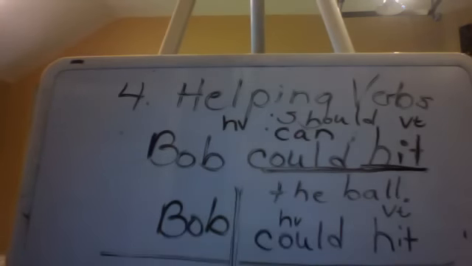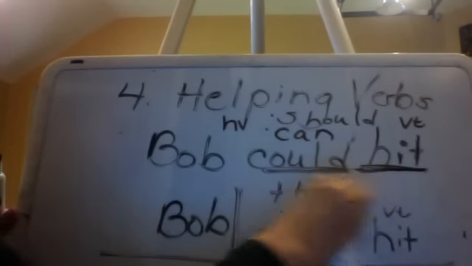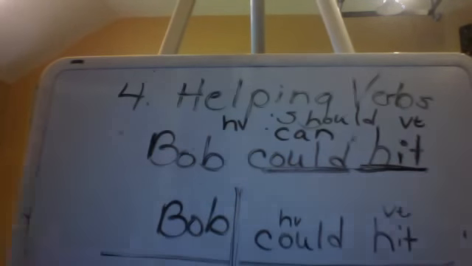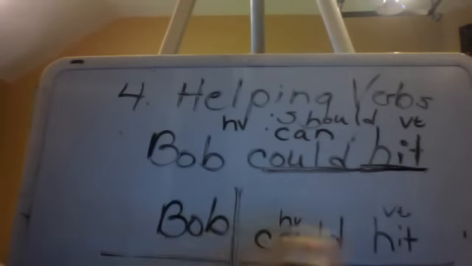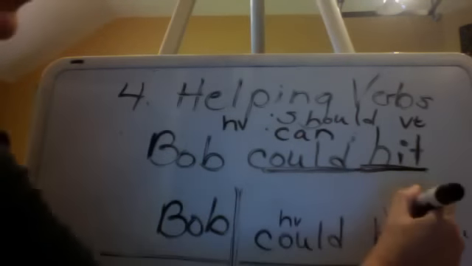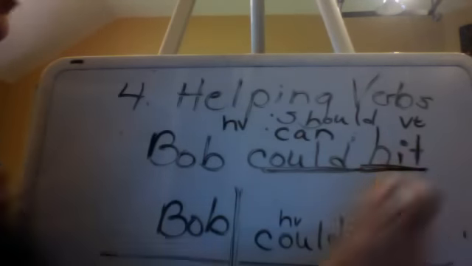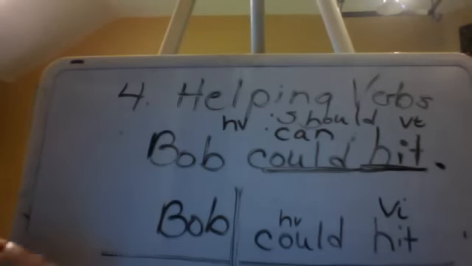Now if we erased from our original sentence the ball, this would stay the same, but this verb transitive would be changed to verb intransitive because now Bob is not transferring action to anything.